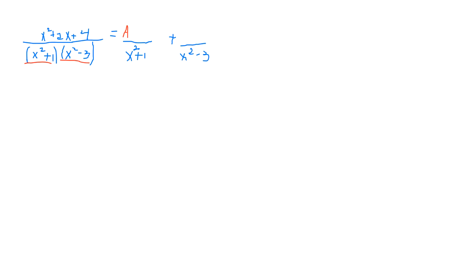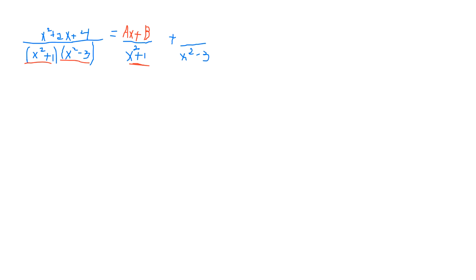Yes, it's going to be ax plus b. That's right, Rodrigo. So Michael was on the right track, but since you have a quadratic factor, x squared plus 1, in the denominator, you have to have a linear factor, ax plus b, in the numerator.